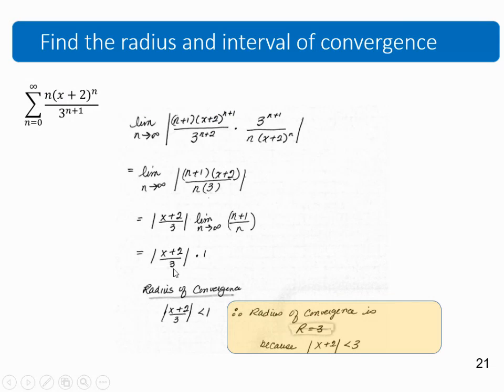Okay, students, so last example, I wanted to show you one more that was not centered at 0. So this power series is centered at x equal to -2. And a_n is n divided by 3^(n+1).